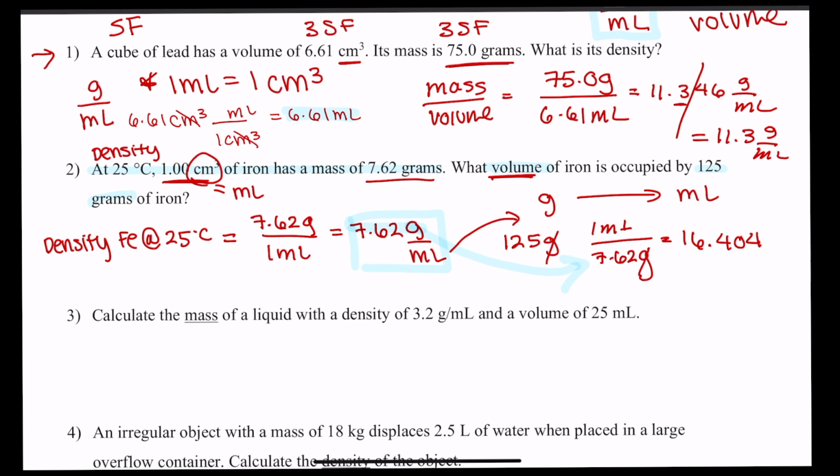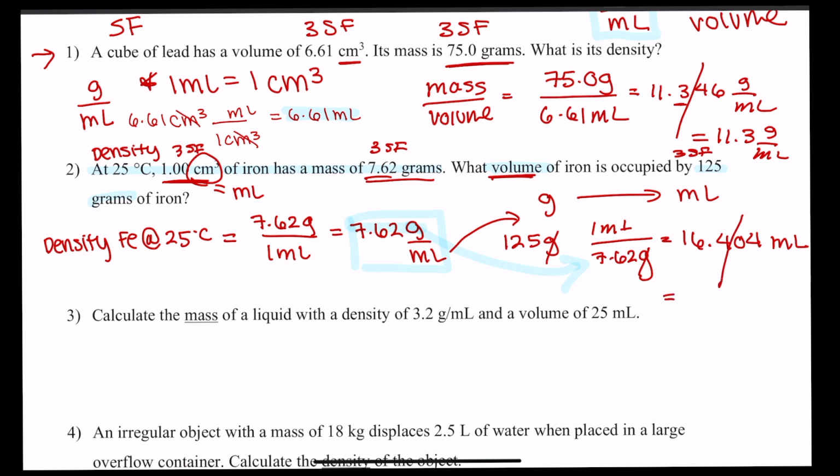grams cancel out, milliliters. And since this is only division and multiplication, and all the values have 3 sig figs, our final answer should have 3 sig figs. So cut it off right here. We round down because 0 is less than 5.